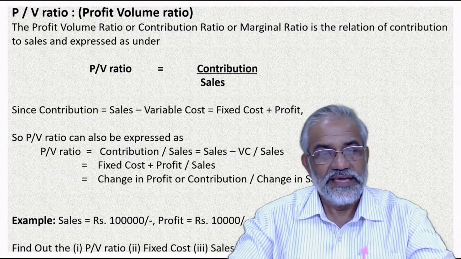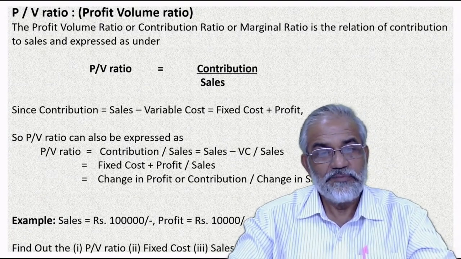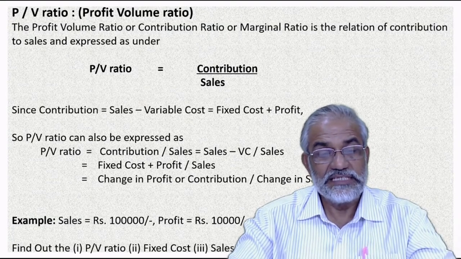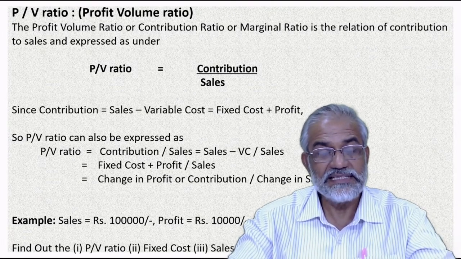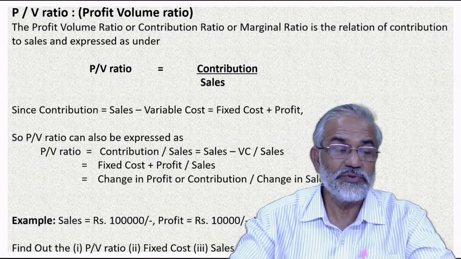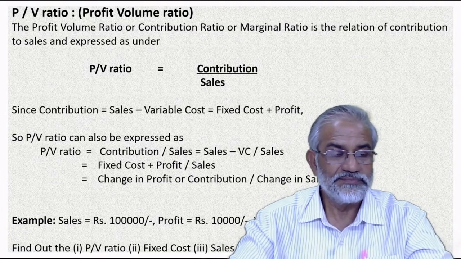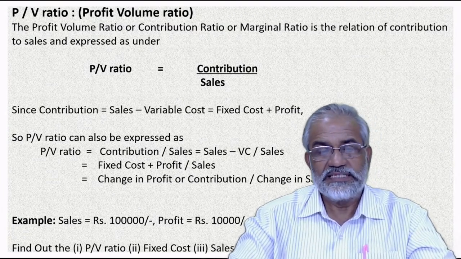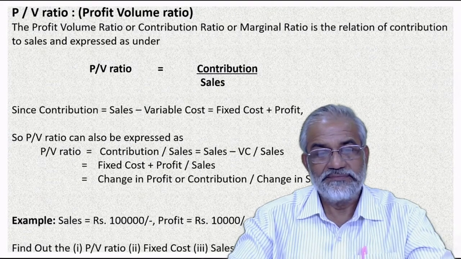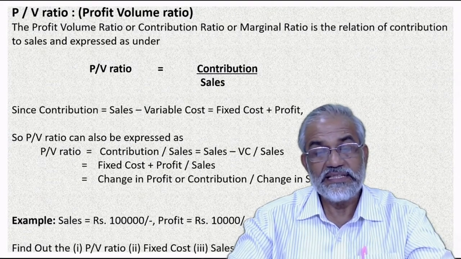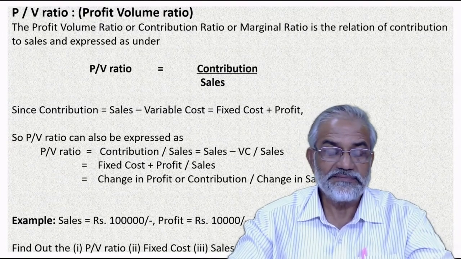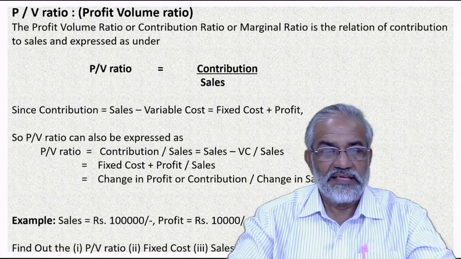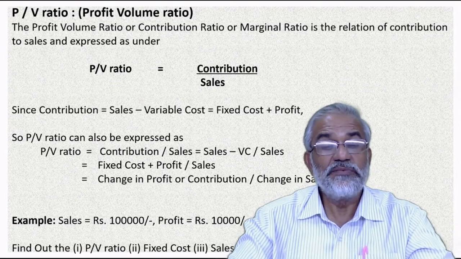Again, the change in profit or contribution, the difference of profit or contribution, divided by change in sales can also be interpreted as the PV ratio, the profit volume ratio. Suppose the sales is 1 lakh, the profit is 10,000, and the variable cost is 70%.